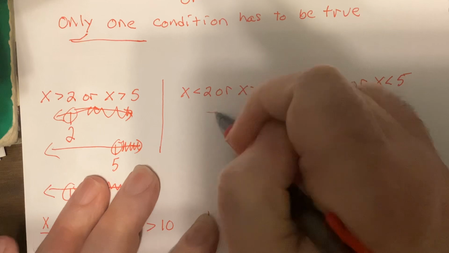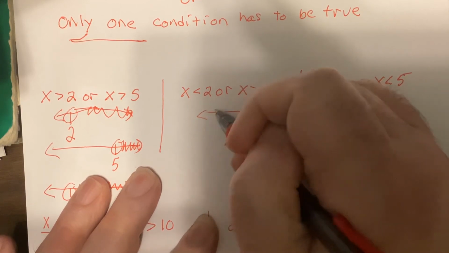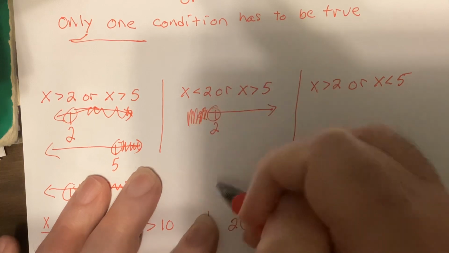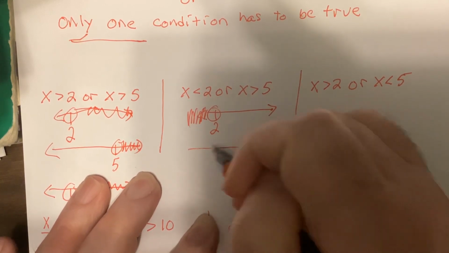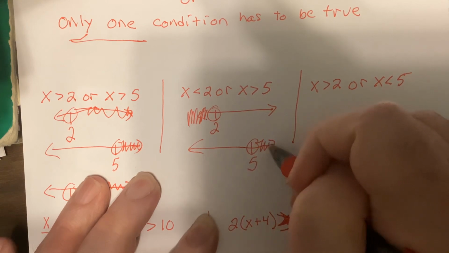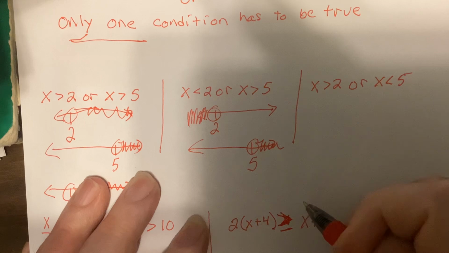So this one, here's less than 2. Here's greater than 5. So it's wherever they're shading.